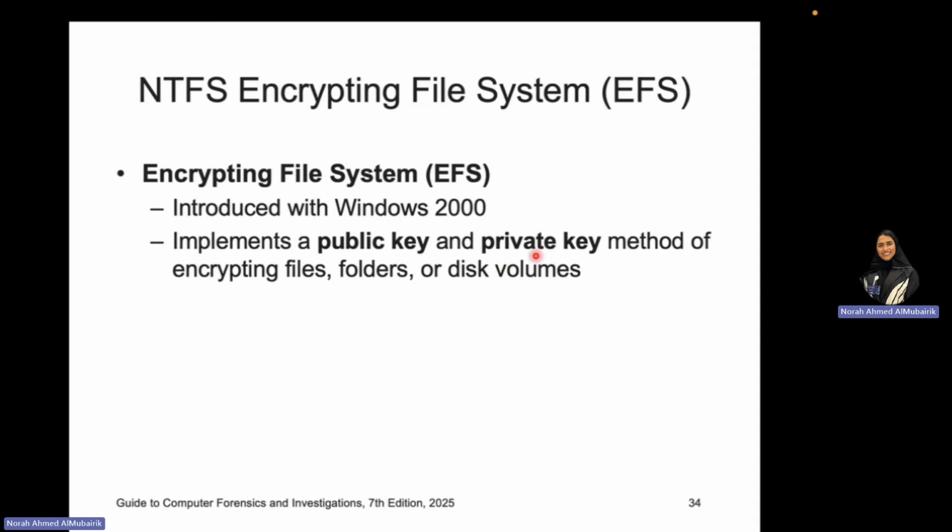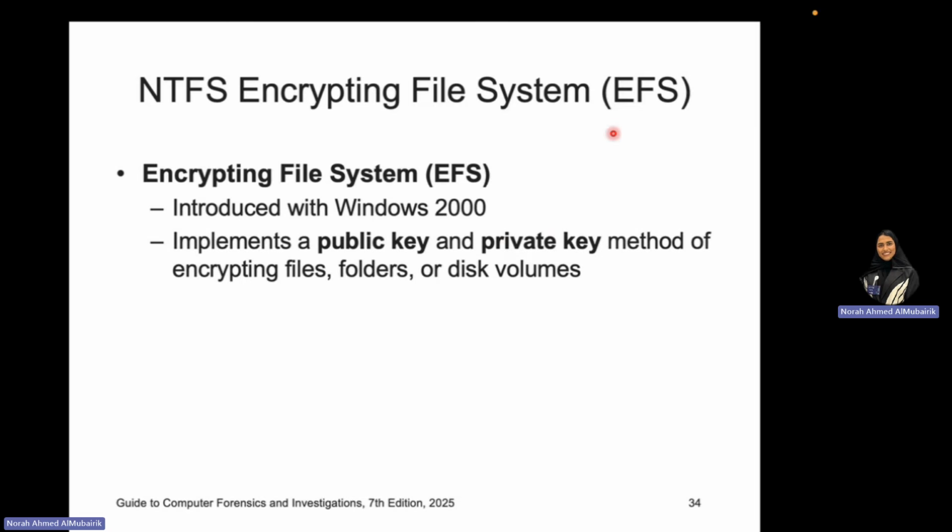So, for example, if I have this computer and this computer has 3 users, each user's file can be encrypted by the public key, but in order to decrypt this file, I should access with my username in order to decrypt the file with the private key.